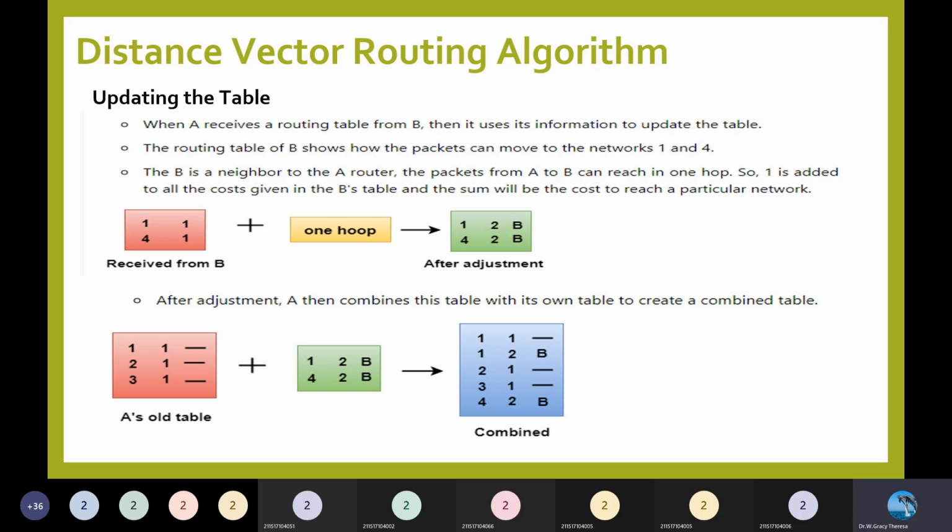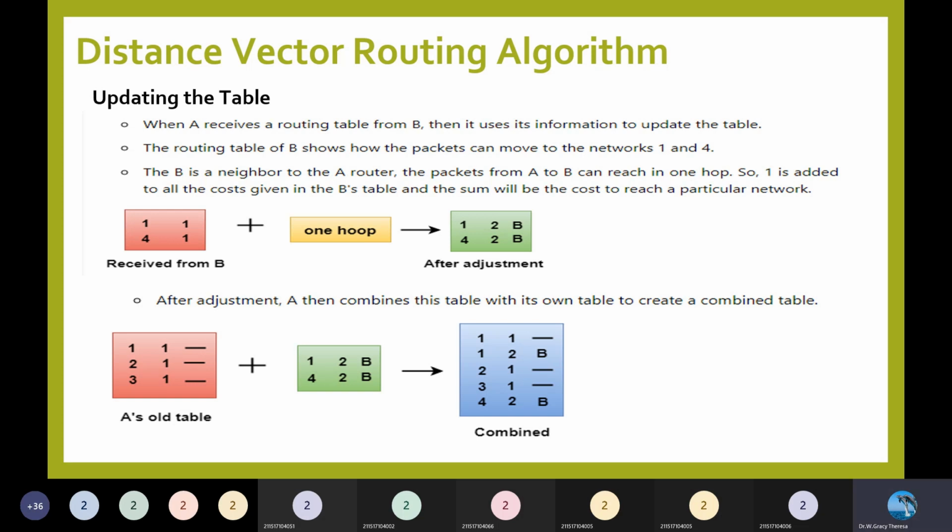Okay, now next is 2 1. According to A, network ID 2 can be joined with only one hop. But that network ID 2 is not there in B, so it is left out as it is. Next, 3, 1 dash, network ID 3.